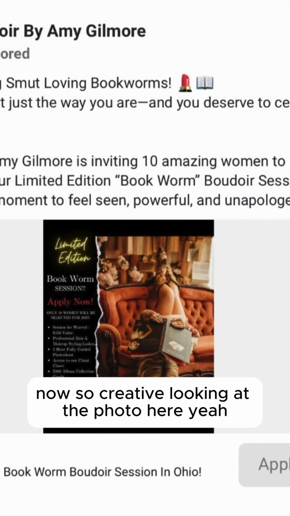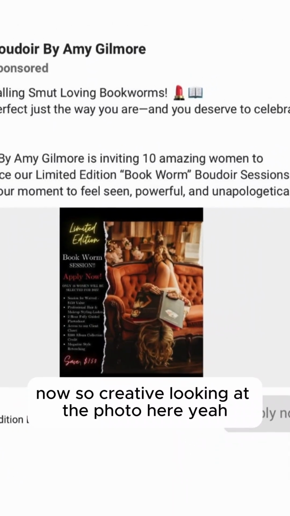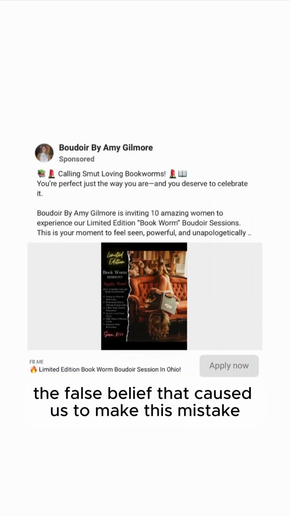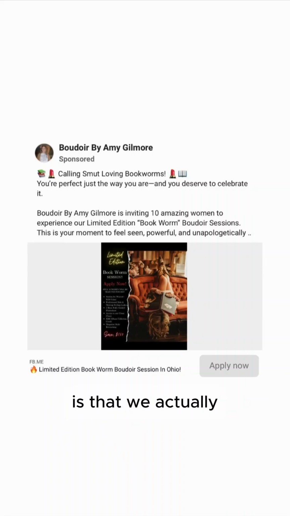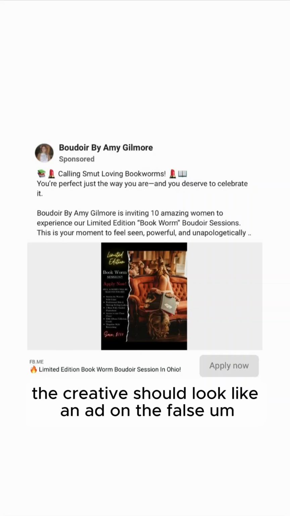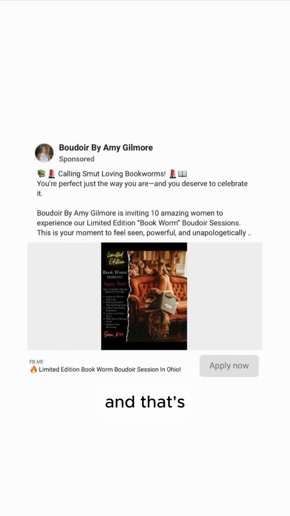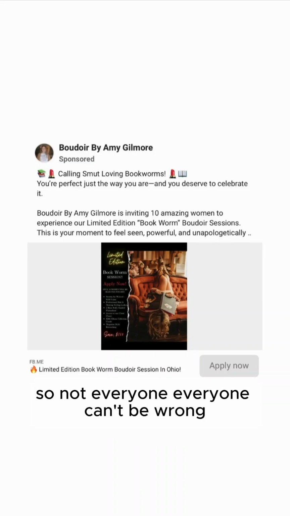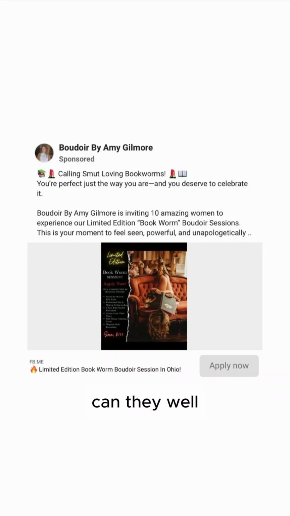Now, looking at the photo here, we've got the looks-like-an-ad mistake. The false belief that caused us to make this mistake is that we believe Boudoir Facebook ads should look like ads. That's because all the other Boudoir Facebook ads we've seen all look like ads. So not everyone can be wrong, can they?